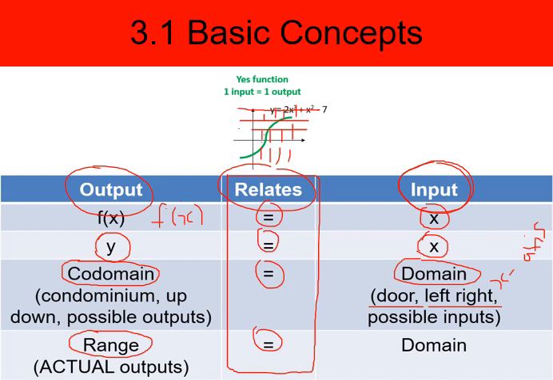How can we remember that codomain represents the output? Codomain gives the first impression of condominium. So condominium is from up to down, so it looks like a y-axis, right? So it can trigger us to remember that codomain represents output.